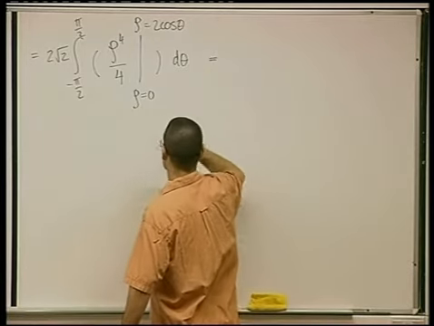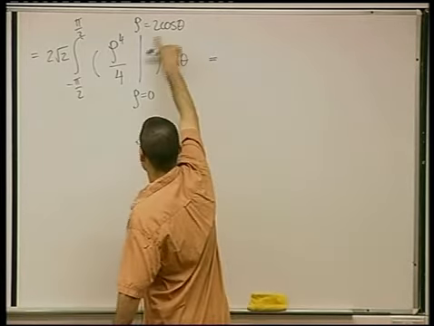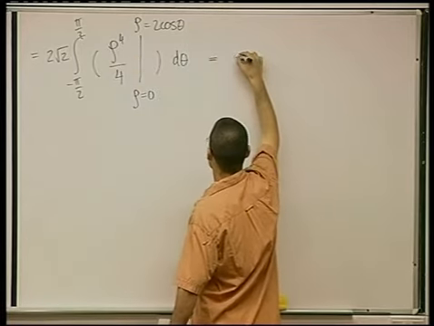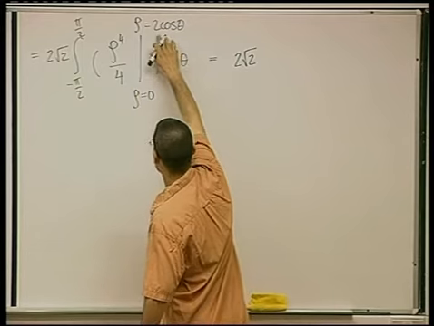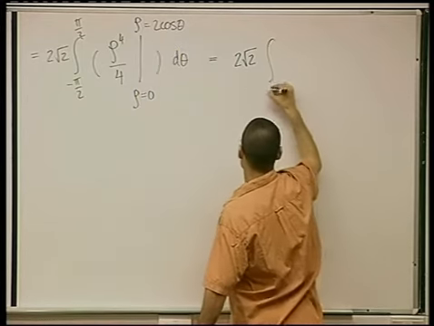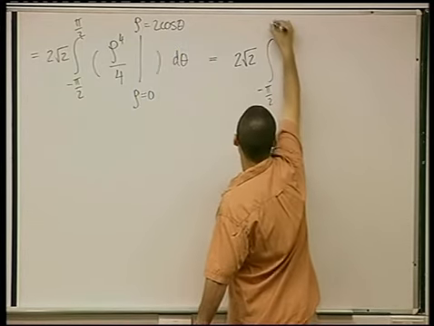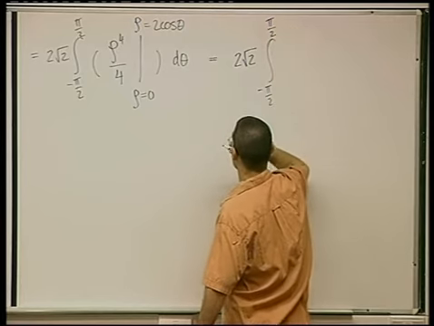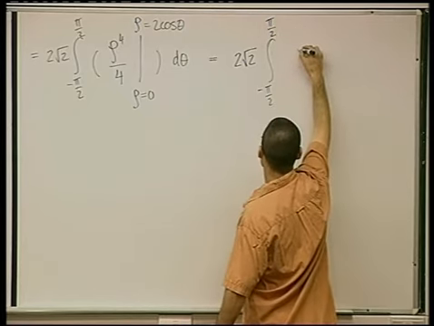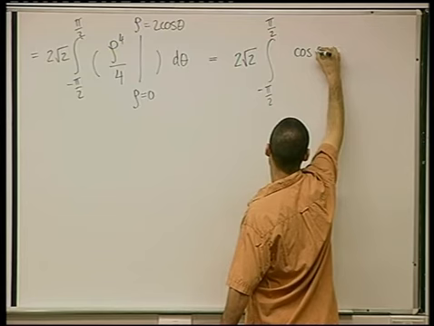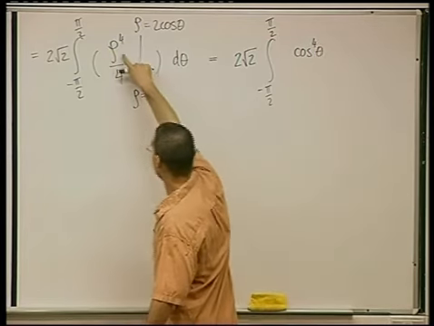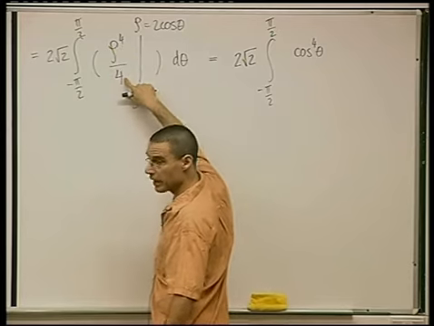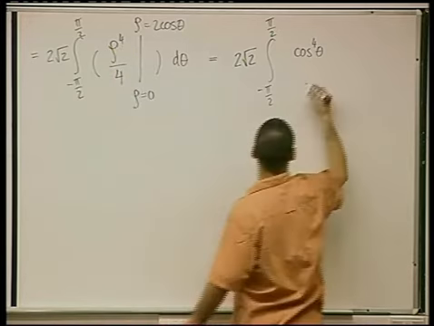So plugging in 2 cosine of theta, with the 2 root 2 here, I get the integral from minus pi over 2 to pi over 2 of cosine theta to the power 4 times 2 to the power 4 divided by 4, which is just 4.